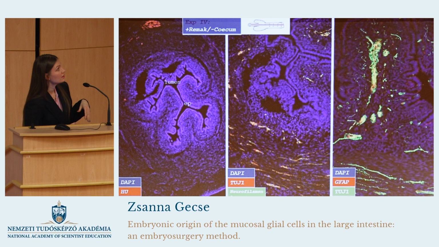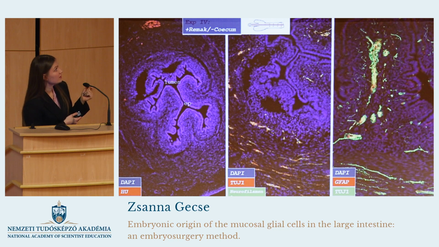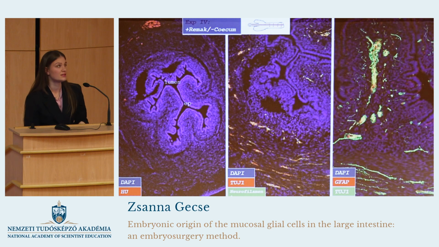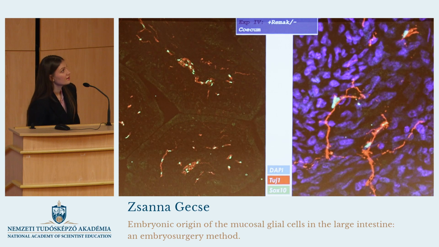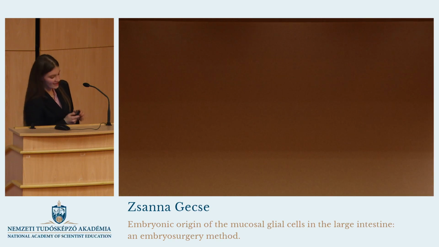My research shows that with HU we would stain neural elements, but there were 0 neural elements, whereas with the GFAP you can see the glial elements, and here you can see the double positive cells that we were looking for. So this occurred when I removed the cecum, and now I have 0 idea what happened.